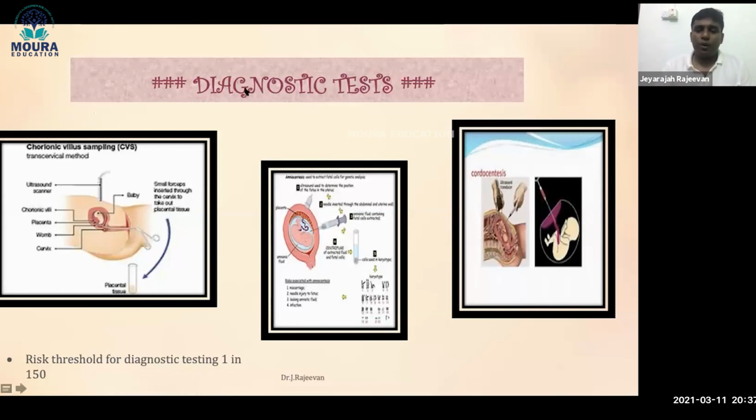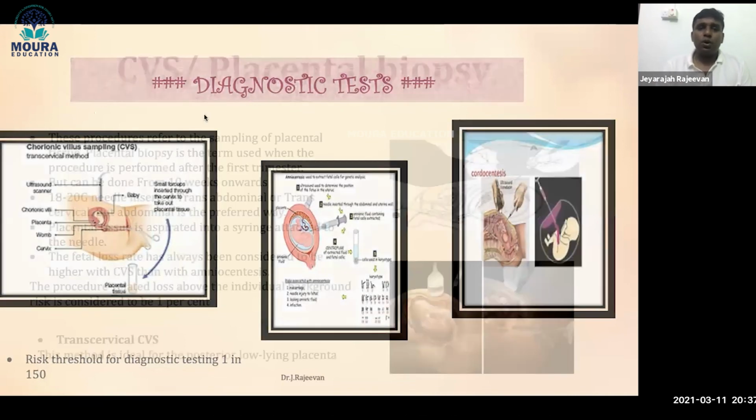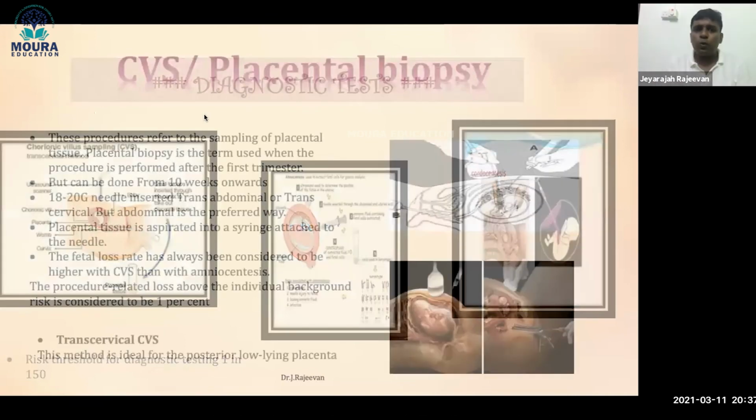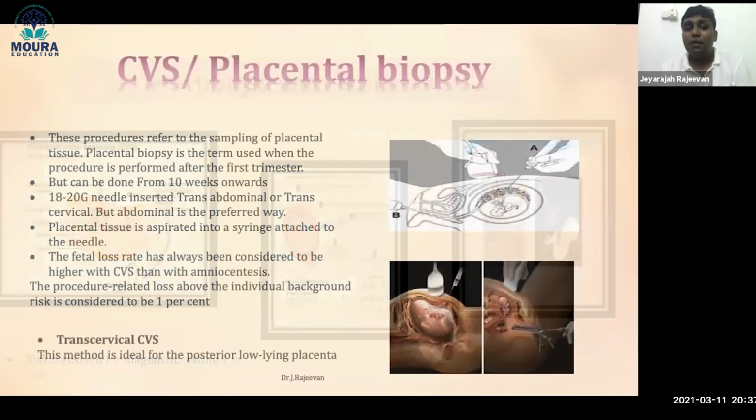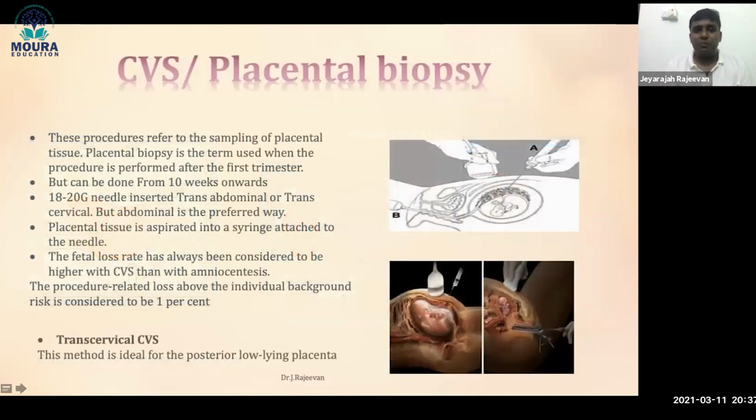Okay. Now we are going to discuss the different methods. Chorionic villus sampling refers to the sampling of placental tissue, or placental biopsy. You can start taking this biopsy from 10 weeks onward. The background risk of miscarriage is more than 1%. There are two ways of taking the biopsy: transabdominal and transcervical chorionic villus sampling.